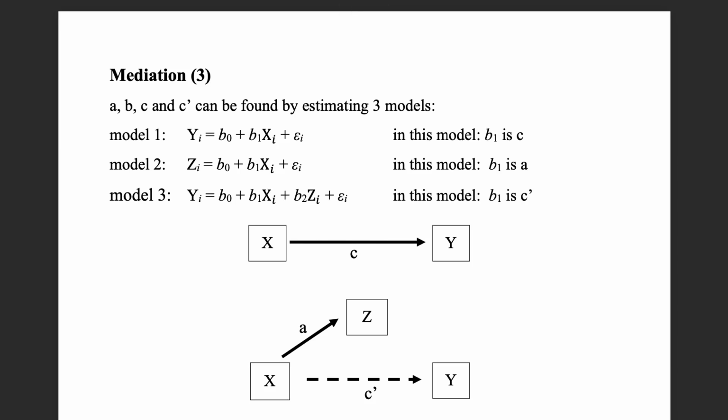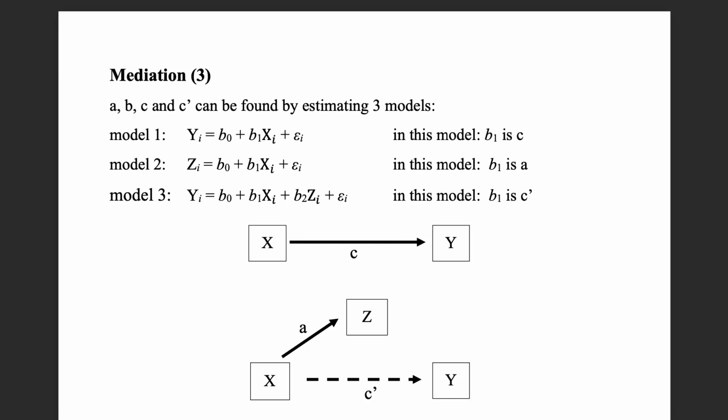And then finally, we need to estimate a third model, where again we are switching back to the dependent variable that we actually want to say something about, so the real dependent variable that we're interested in theoretically. And now we're again going to estimate a regression model, and we're going to include both X and Z, so both the independent variable as well as the mediator variable in that model.